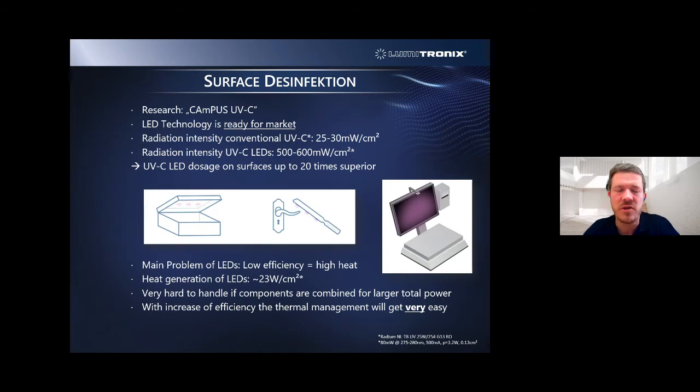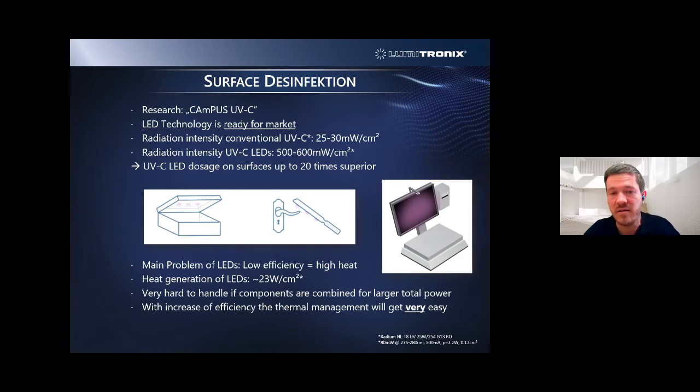We are doing research in this campus UVC together with the Fraunhofer Institute to find out possibilities for professional installation in supermarkets. And we think the technology is already ready for the market if we are looking at surface disinfection, because the radiation intensity of conventional UVC sources with just 25 to 30 milliwatts per square centimeter is far lower than what you can achieve with UVC LEDs at the moment.